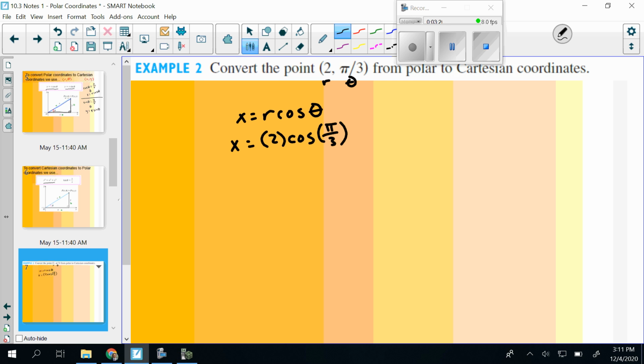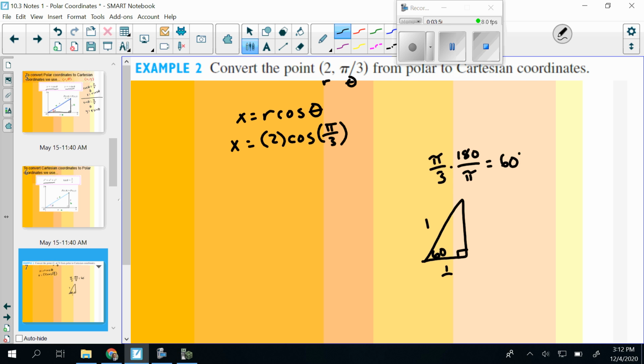All right, now this would be something like on the AP test they might expect you to be able to do without a calculator. So you have to know what is cosine pi over 3. Pi over 3, recall, if you're not sure what that angle is, you could convert to degrees here by doing times 180 over pi. So that's going to be 60 degrees. So if you had a 60-degree right triangle on the unit circle, the hypotenuse is 1.